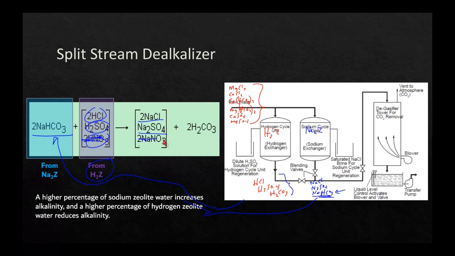Here, we're just going to keep the nitric acid off there, okay? Sodium chloride and sodium sulfate. So ultimately, that's what we've got going through here. We're going to have sodium sulfate, Na2SO4. We're going to have sodium chloride.